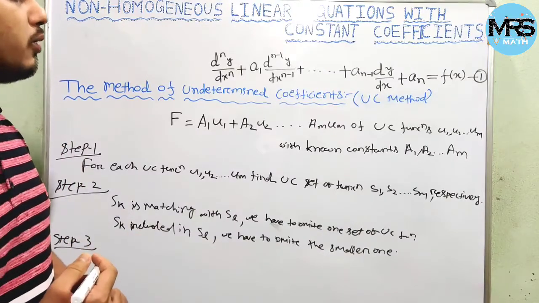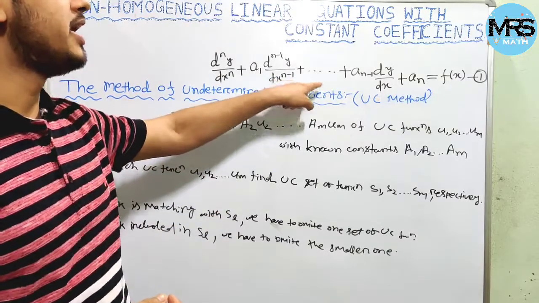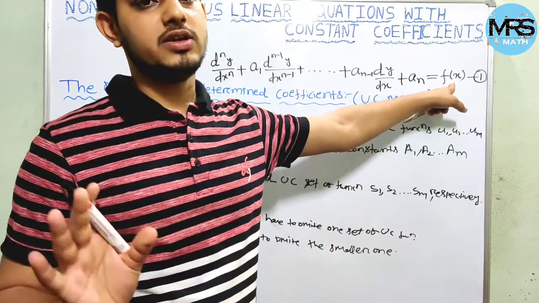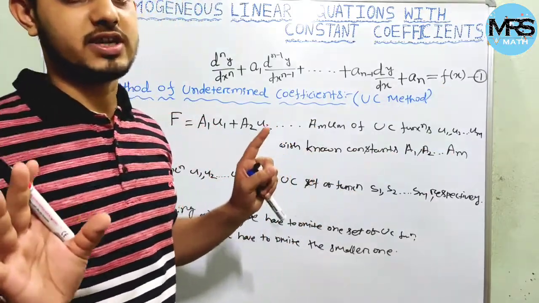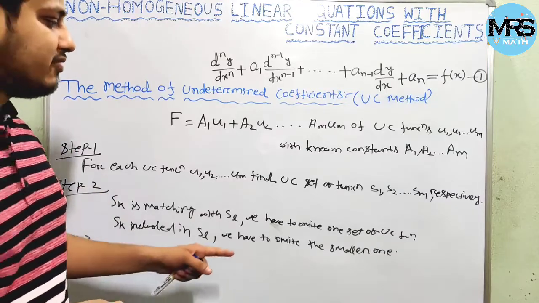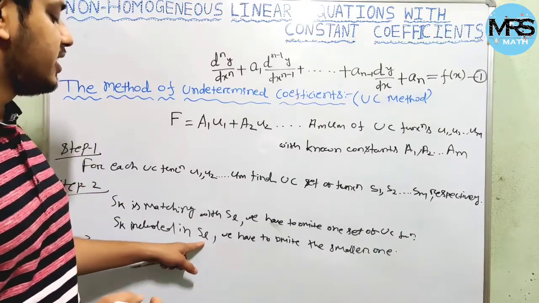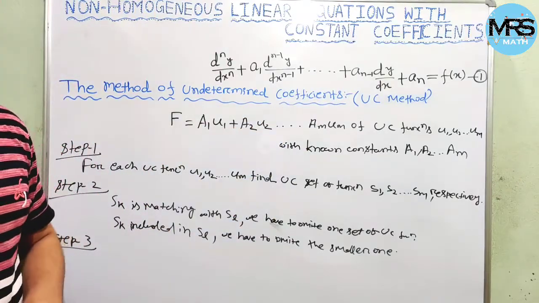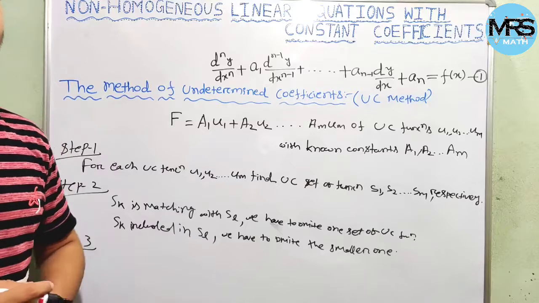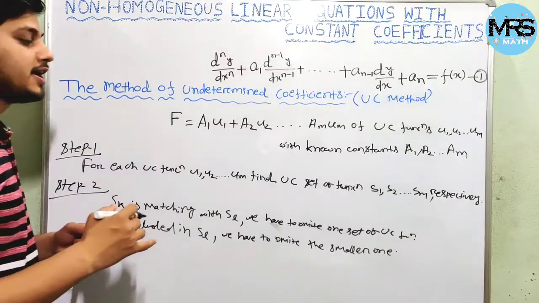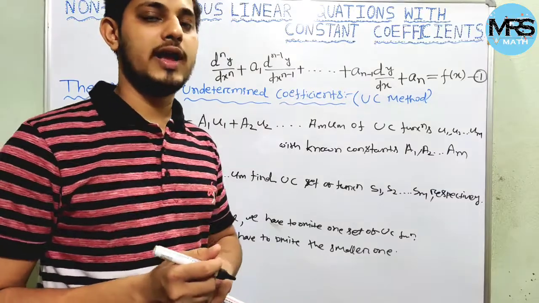That means whatever solution you get by taking the right hand side as 0, that means the homogeneous differential equation. Already I have discussed how to find the complementary function. If any UC set is matching with the complementary functions, then in that case we have to multiply with the smallest integral power of x.